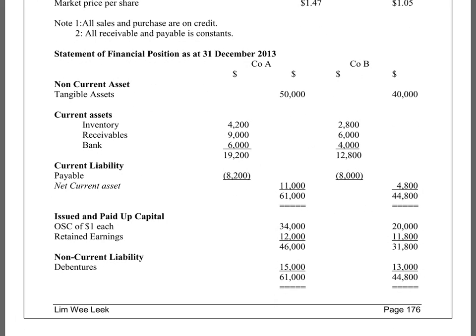This capital employed is very important, because you need it for 3 other ratios. If you get this wrong, all 3 ratios will be wrong. So capital employed is total asset minus current liability, or equity plus debt. Which one? 61? Yes, correct.